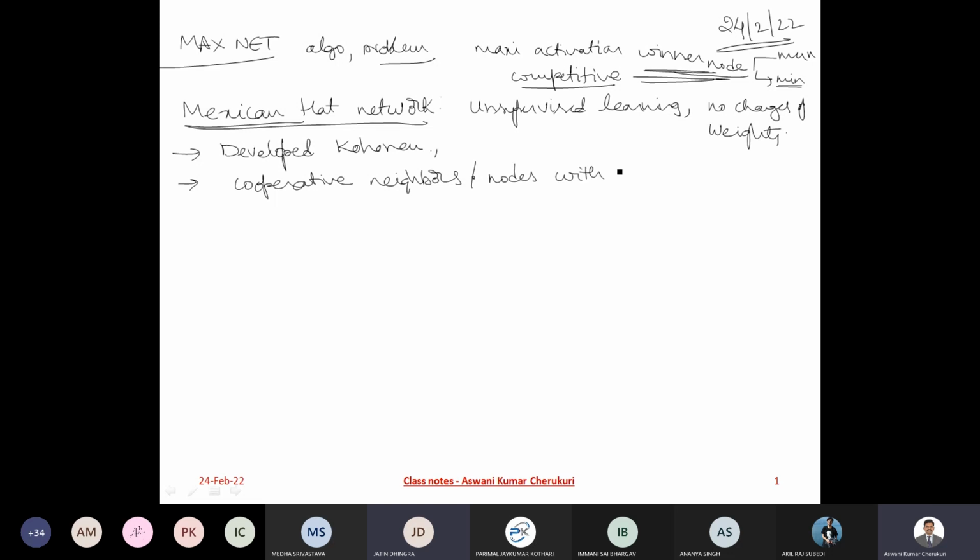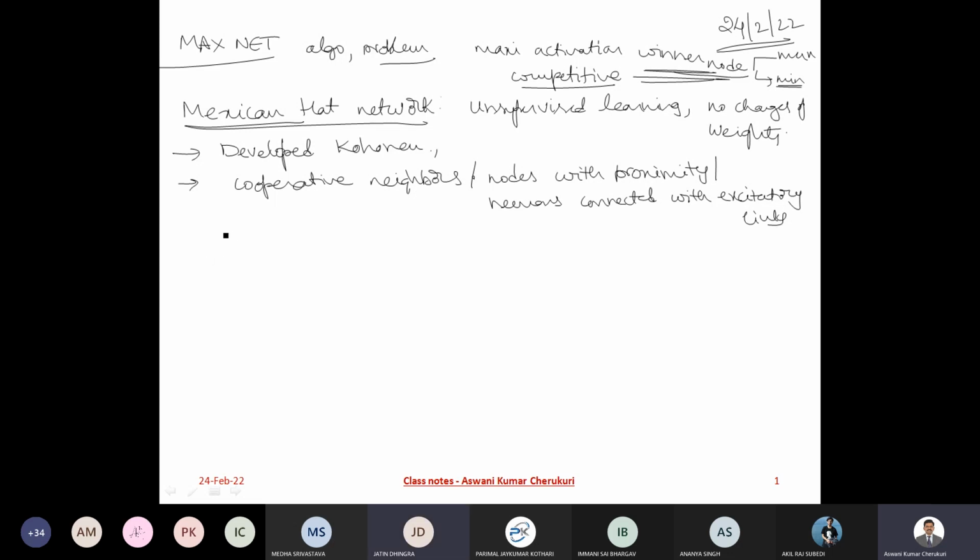These are the neurons connected with excitatory links, weights. So these are all cooperative neighbors.